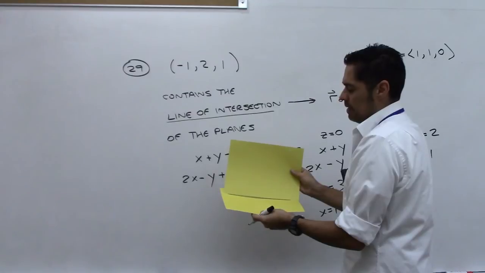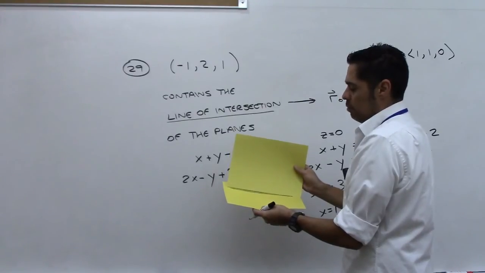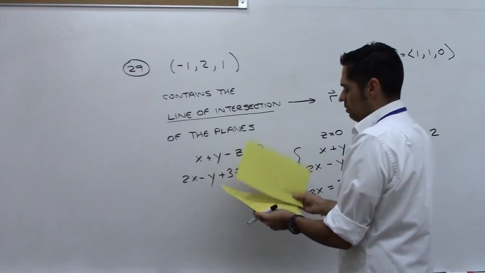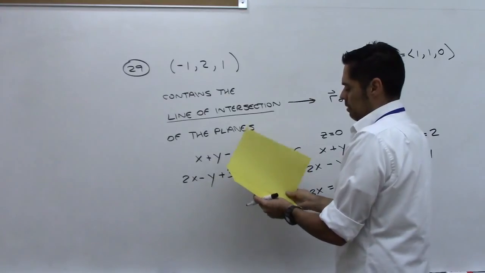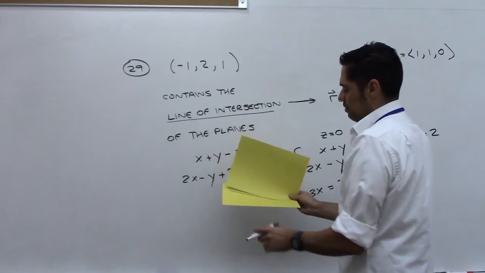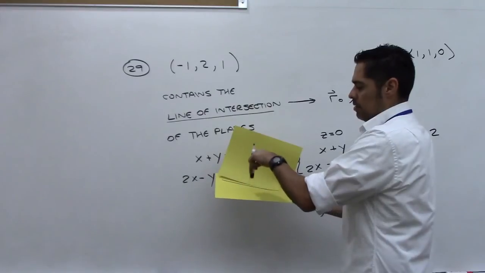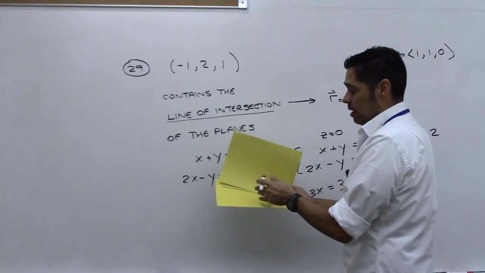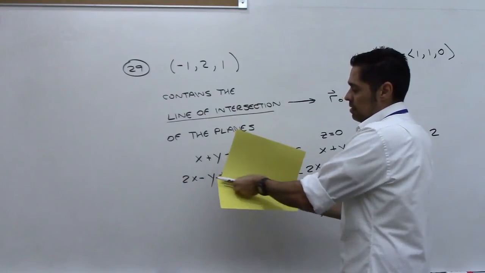To find the direction of that line, what we'll do is we'll take the normal, and I've done this in class, so this is not new. Take the normal of this plane, the normal of this plane, I cross product them, and it will give me the direction of this line.